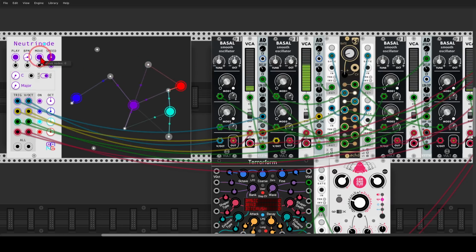We can also lower the BPM, so the BPM will be how quickly the signal goes from the nodes to the stars. And I can also reduce the speed in which the nodes are moving. We can even change the octaves of the voices.